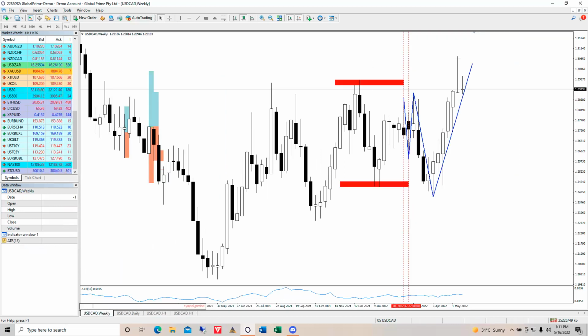Right, on USD CAD, we spoke last week about the fact that the market was coming up to this resistance level, and we expected it to test it. As with any support and resistance level, as price action traders, we wait to see what the market does. We don't second guess the market. Now, so far, it's shown that it's failed the test. That doesn't mean that the market won't try again through the course of this week.